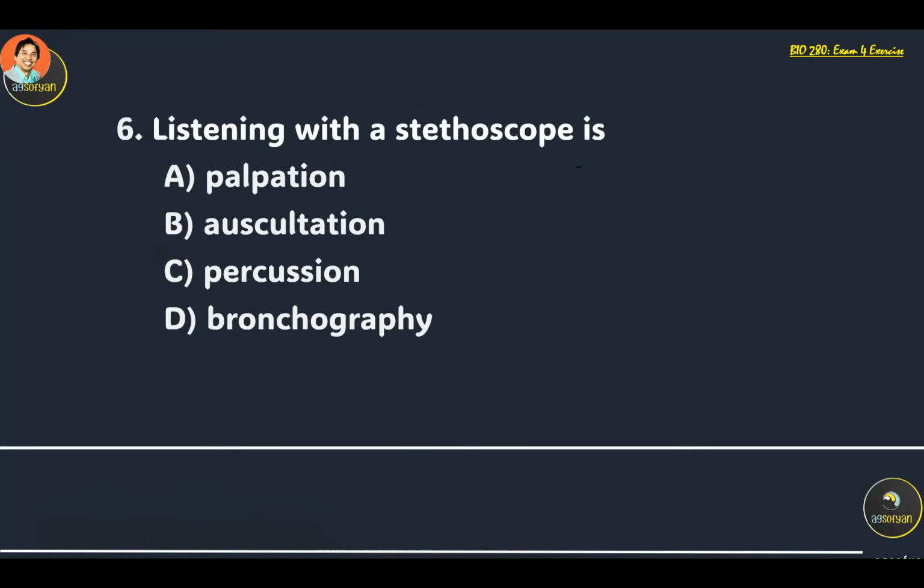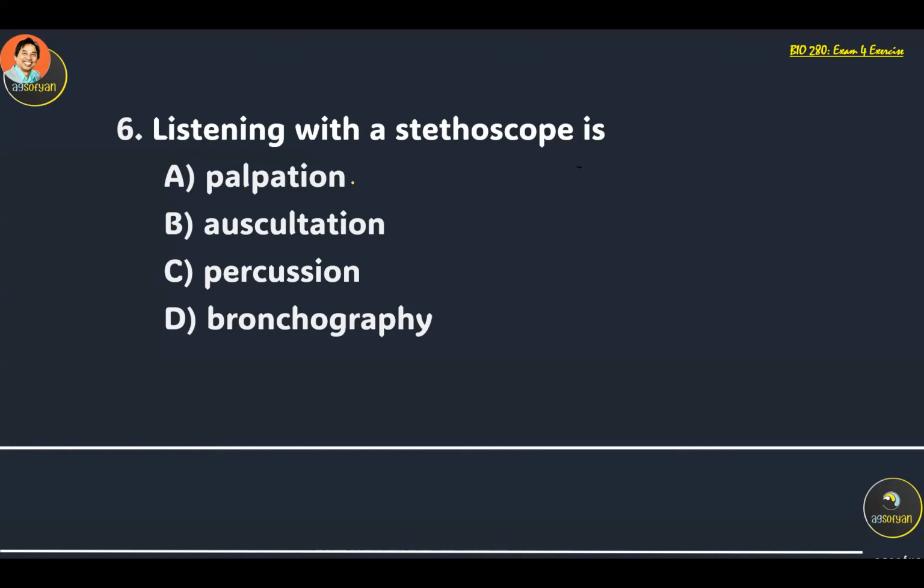Listening with the stethoscope is A, B, C, or D. Okay, there are 3 main methods to observe anatomy or functions of physiology or functions of the body without taking a sample.